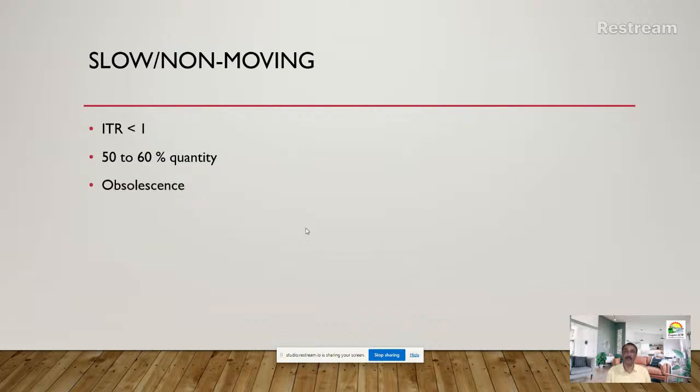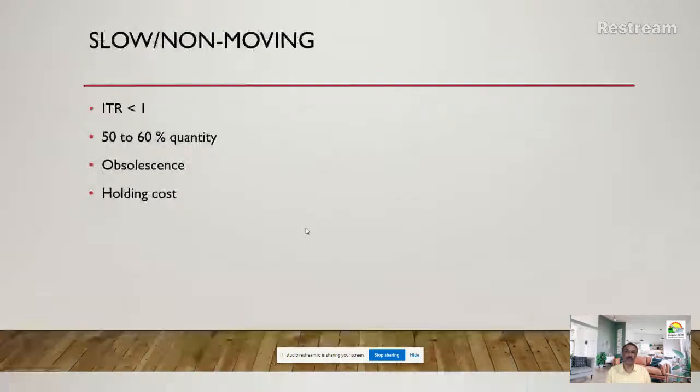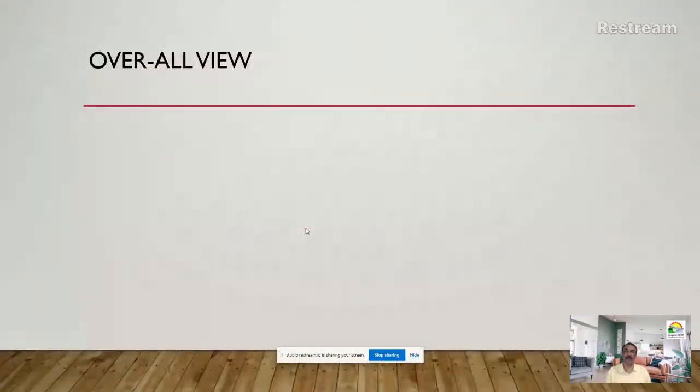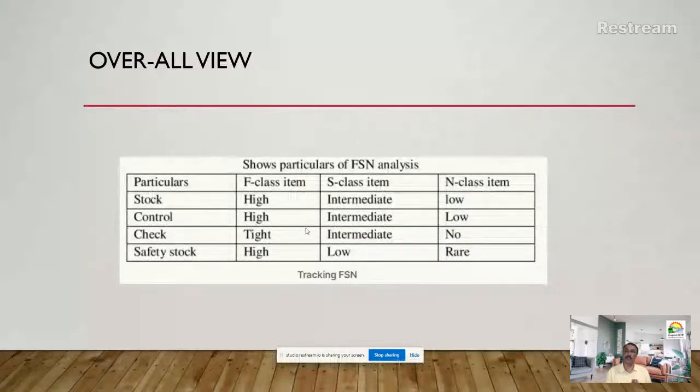Because if you don't keep control, possibly obsolescence may be there. You may be unnecessarily wasting money holding stock, and you cannot use this item after a few years because new models are being introduced. So in terms of inventory control, you can see the summary.